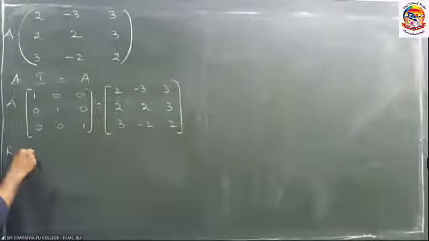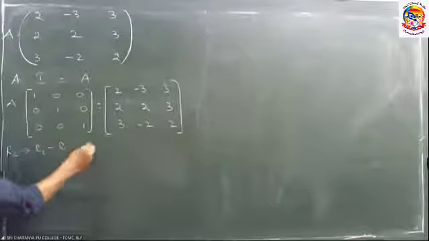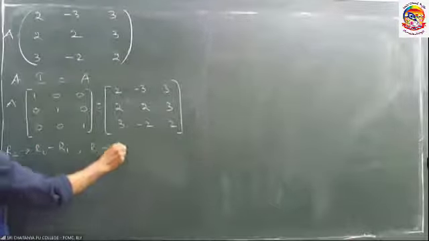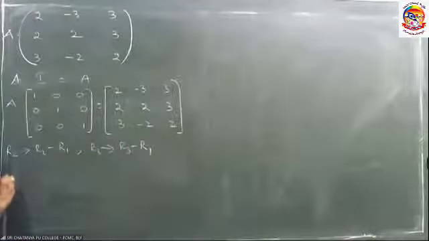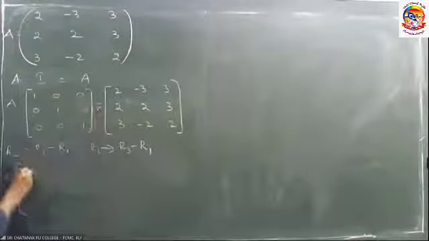Now R2 changes to R2 minus R1. R3 changes to R3 minus R1. Same row operations we have used. Capital A is equal to, R1 as it is 1, 0, 0.